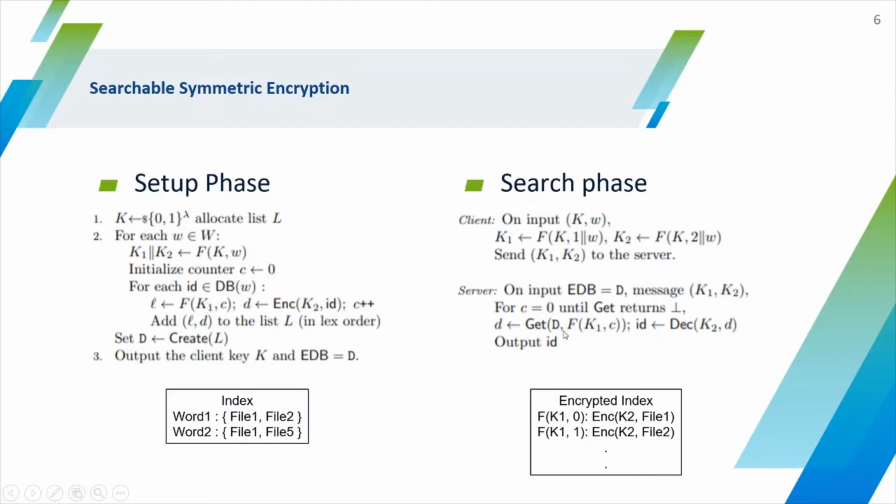So if we get F of K1 and 0, we return the ID by decrypting the value with K2. Then we output all the results.